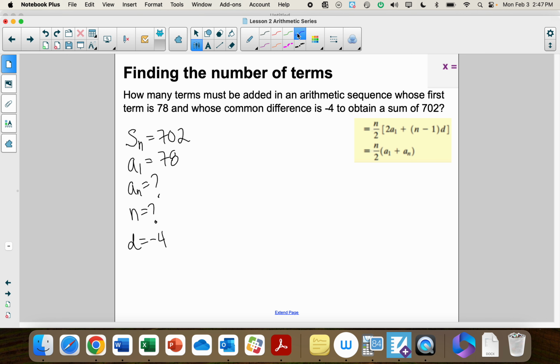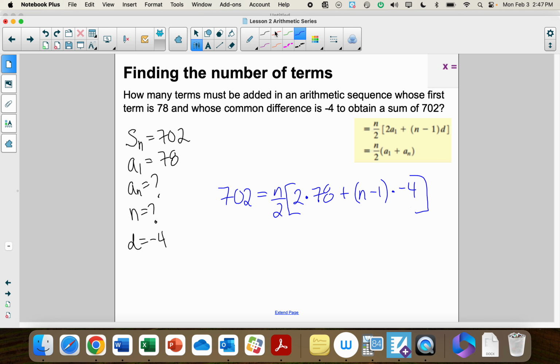And so we now know that the sum of 702 must be equal to n over 2 times our first term, which is 78, plus n minus 1 times -4. And so we have this equation that we need to solve for n.